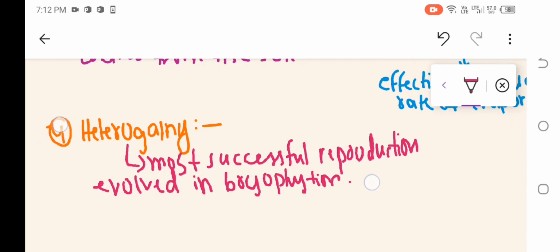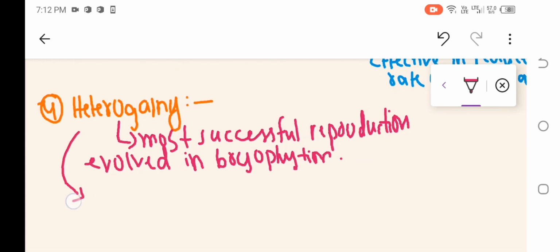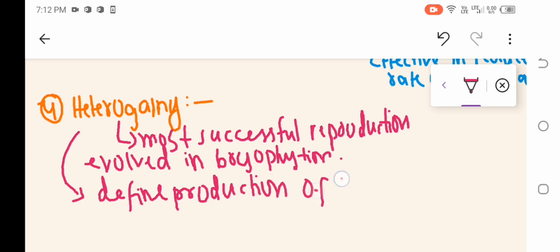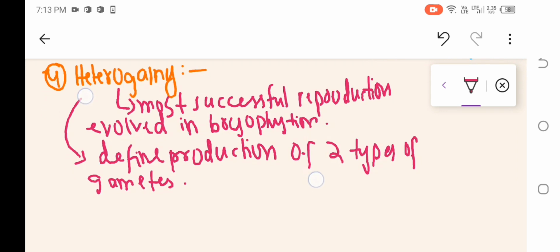Now how is it the most successful? Because it is basically defined as the production of two types of gametes. दो तरह की gametes की production करती है. That's why this is the successful reproduction.